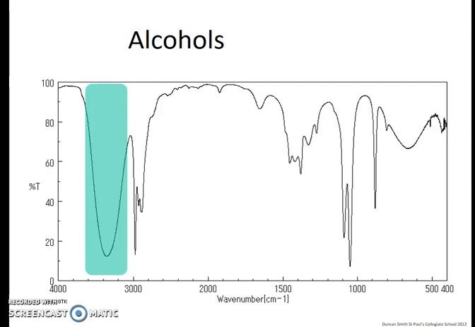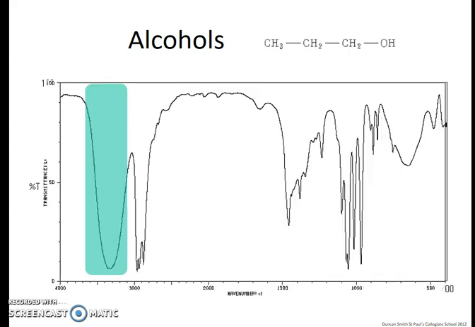Now the jagged peak just to the right of that at about 3,000 wave numbers is your carbon-hydrogen peak, and you're going to see that in every single spectrum, because every single organic molecule is probably going to have a carbon-hydrogen bond. Exactly how it looks is going to vary a wee bit, so there are a couple of little tricks. But in general, that carbon-hydrogen peak is not something you need to be looking at a whole lot.